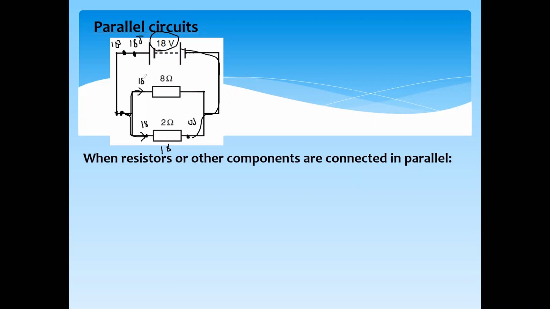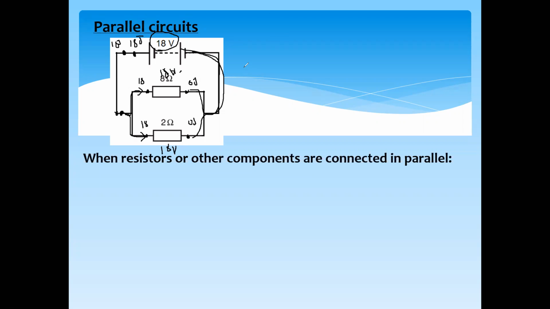For example, it will move up. Before entering, it had 18. After passing, it will have 0, transferring all of its energy, because there is no other component it has to pass through. So both will have the same amount of energy transfer. That is why both will have the same voltage as is supplied by the battery.